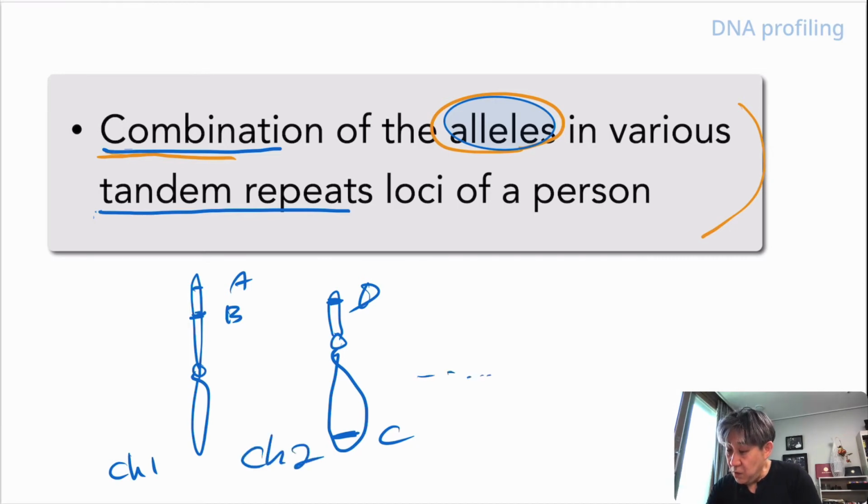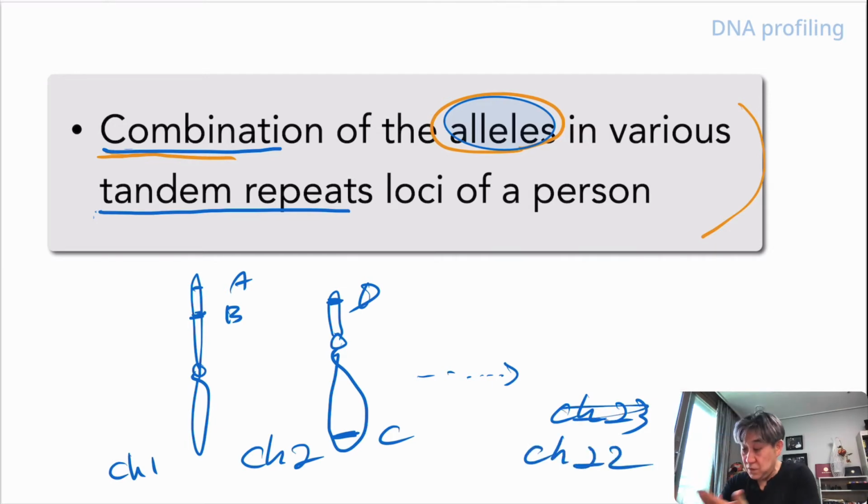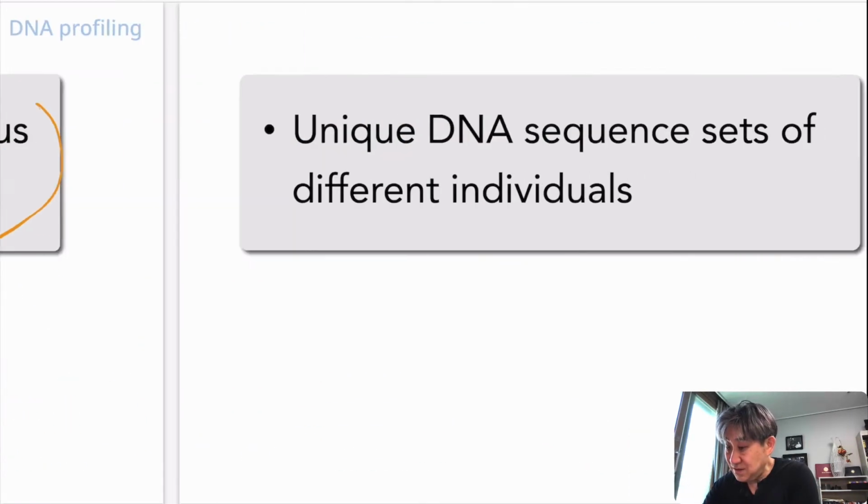So it can go all the way up to chromosome 23, which happens to be the X or Y chromosome, or at least chromosome 22. If you combine all together, then you create a very important and also very huge variation of data.